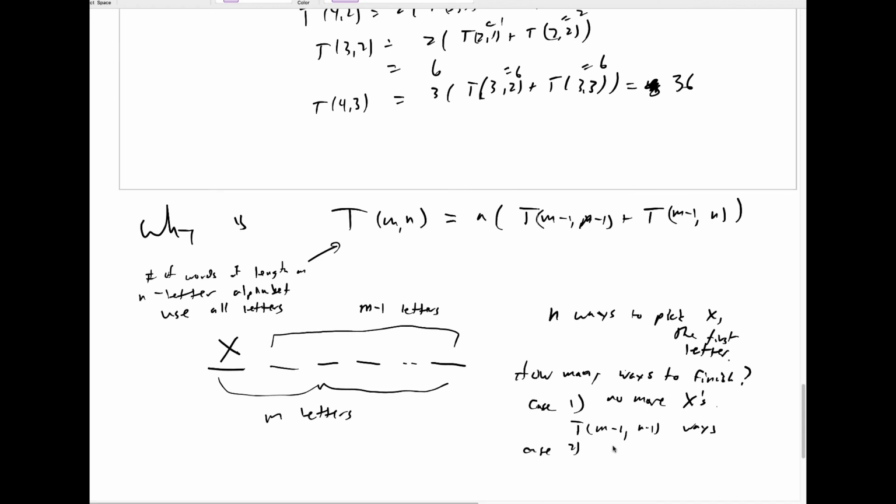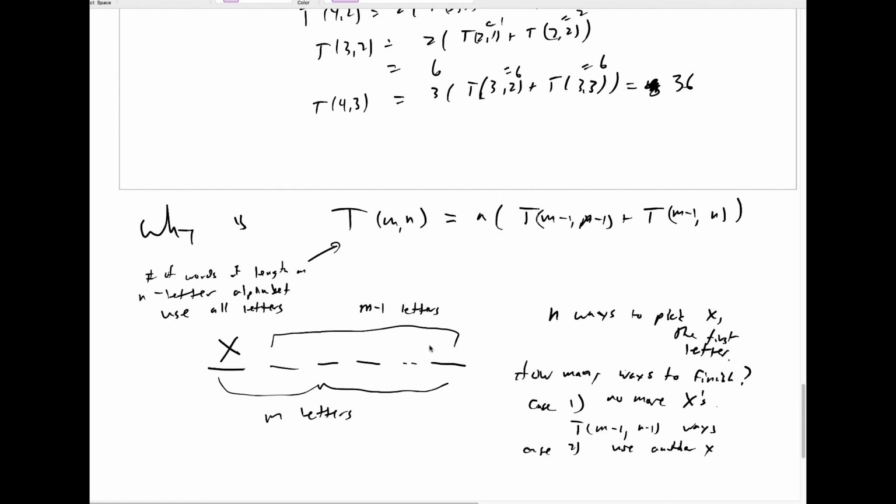Case 2 is I use another x. Maybe more than one x, but there's at least one more x in here. Well, if there's at least one more x in here, since the whole word has to contain one of each letter, this finishing part, the last m-1 letters, contains an x, and it has to contain at least one of all the other letters as well.